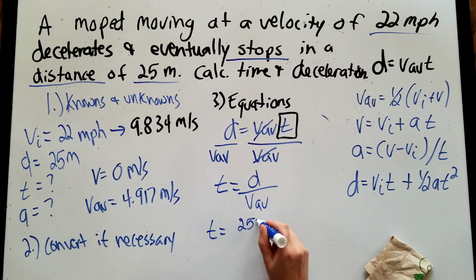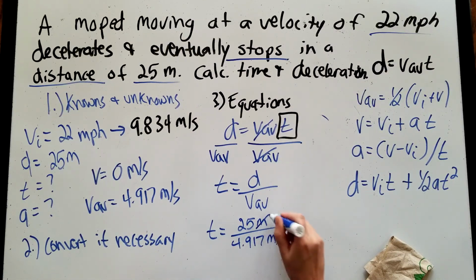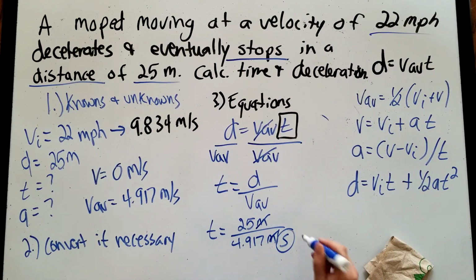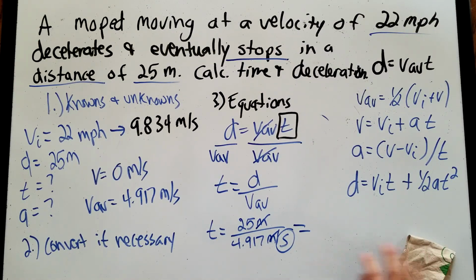So let's plug in my 25 meters, and then let's plug in my 4.917 meters per second. Meters and meters cancel, leaving me with an answer in seconds. So when I divide that out, I get 5.0844 seconds. All right? Now we got to look for sig figs because this is one of our final answers.